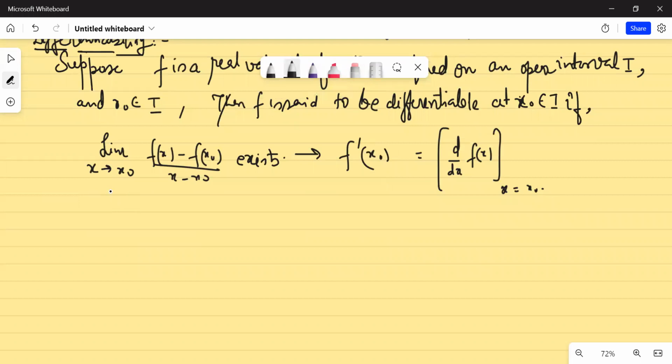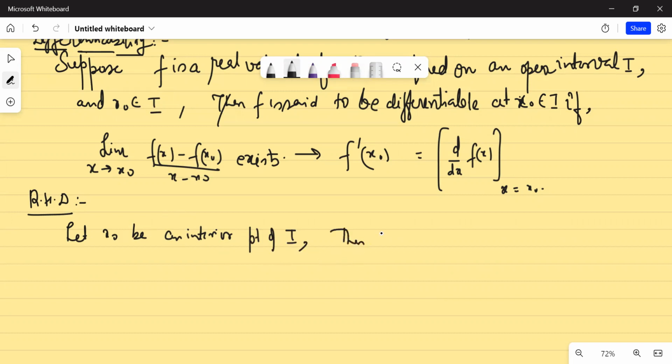What is something called the right-hand derivative and something called the left-hand derivative? What do I mean when I say right-hand derivative? So let x naught be an interior point of interval I, somewhere interior it is lying.